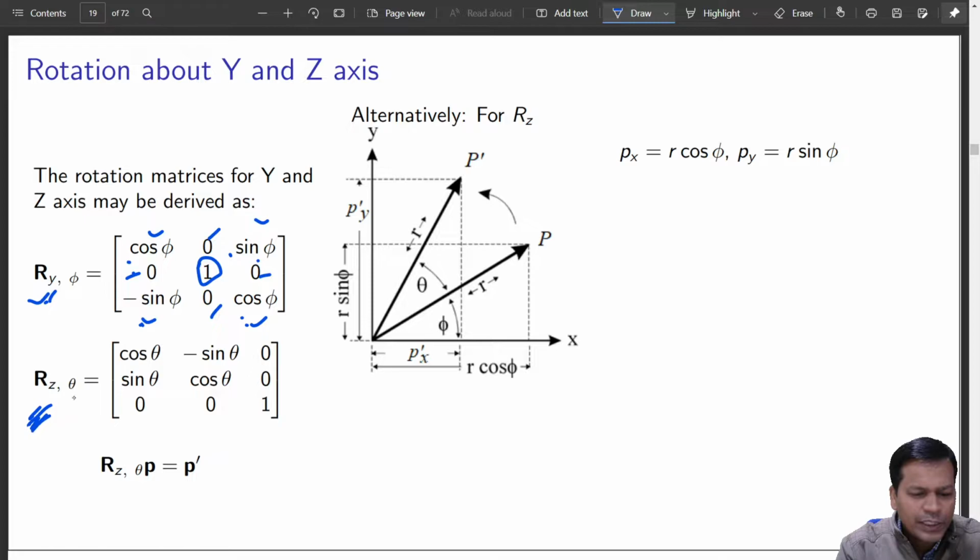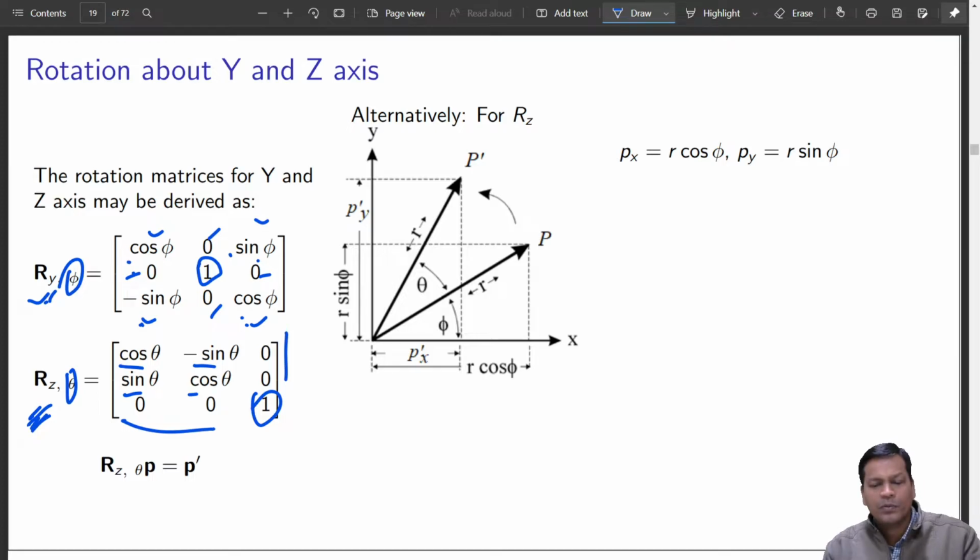Similarly, if you want to rotate about the z-axis, put the column and row as zeros and then it is cos, minus sine, sine, cos. So this is the corresponding angle by which you want to rotate. So effectively it works like this. You have to apply this. This is your initial point, this is your new point when it is rotated.